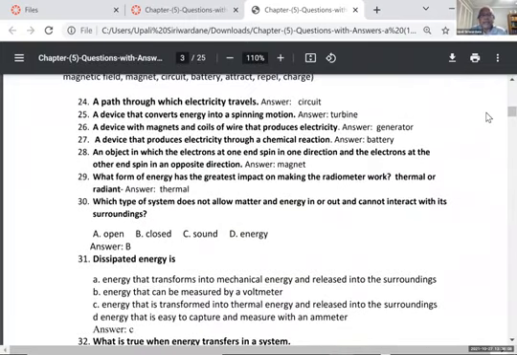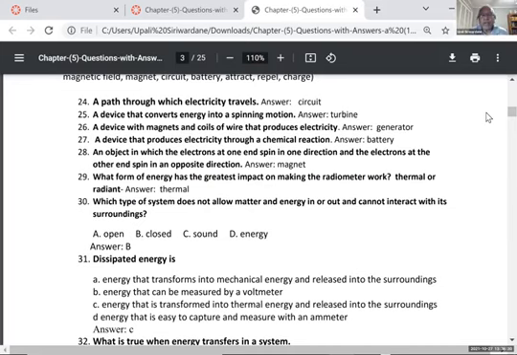A path through which electricity travels is called a circuit. A device that converts energy into spinning motion is called a turbine. The steam turns the blades of the turbine and runs the motor to generate electricity.